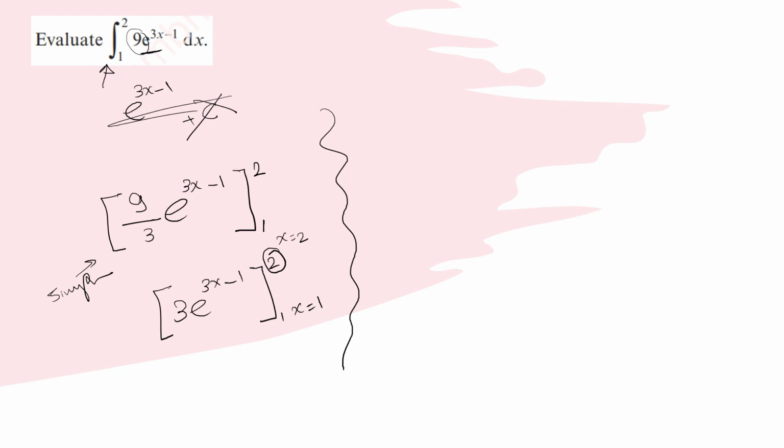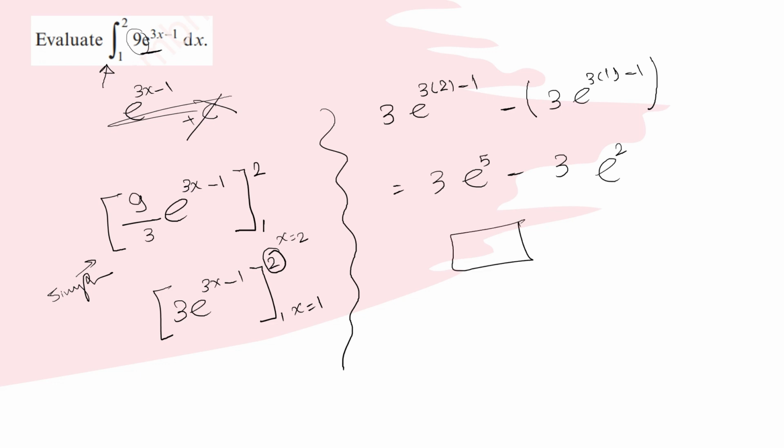So 3 e power 3 times 2 minus 1, minus 3 e power 3 times 1 minus 1. It will be 3 e power 5 minus 3 e power 2. You can use a calculator to get the value. Okay? Next.